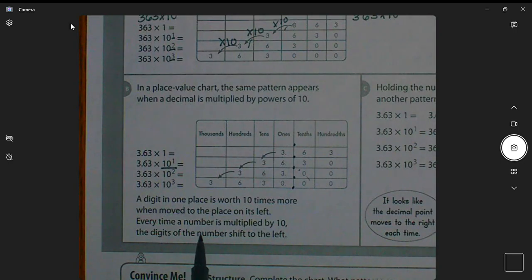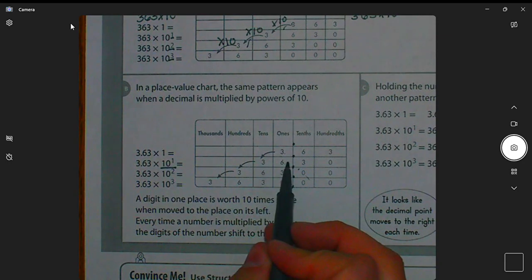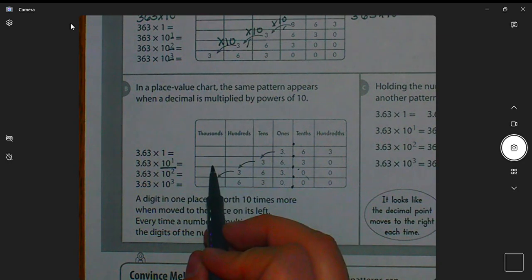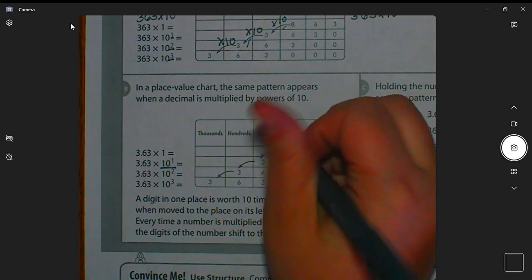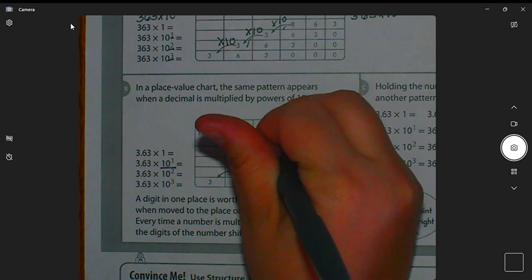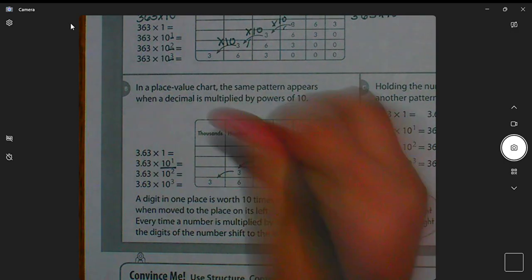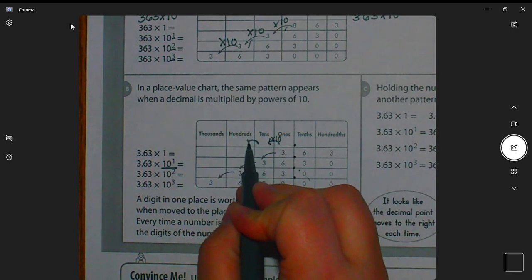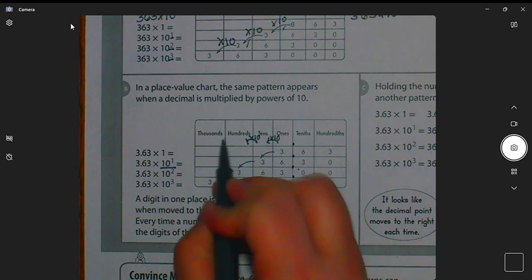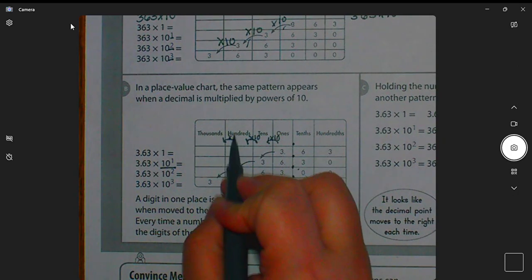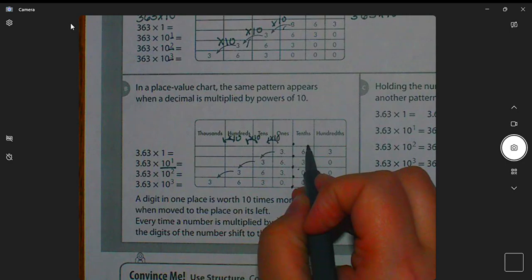A digit in one place is worth 10 times more when moved to the place on its left. So when it goes up the place value chart, it's going to be a times 10 jump. It's going to be worth 10 times. But the same thing can be said about your decimals too.